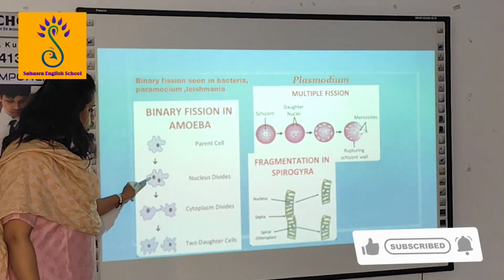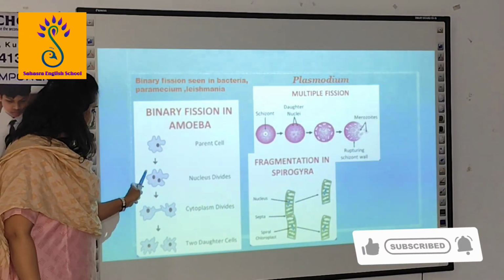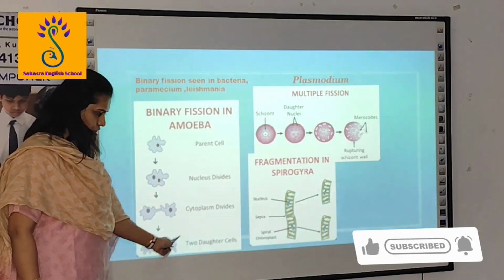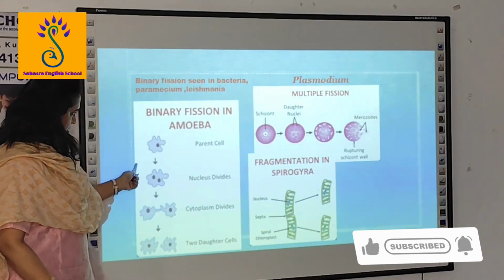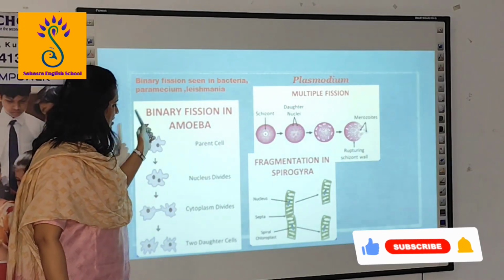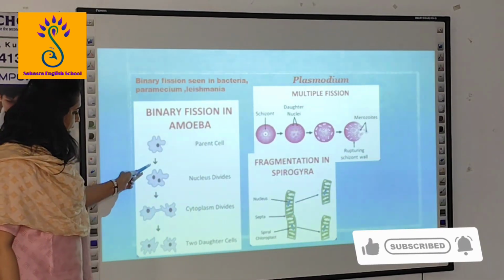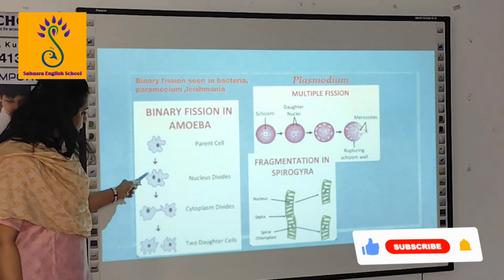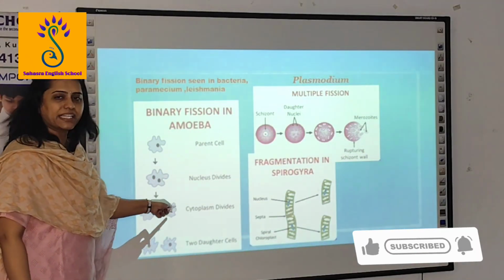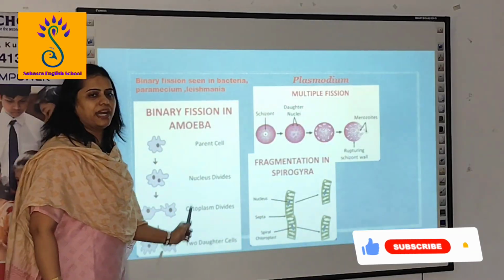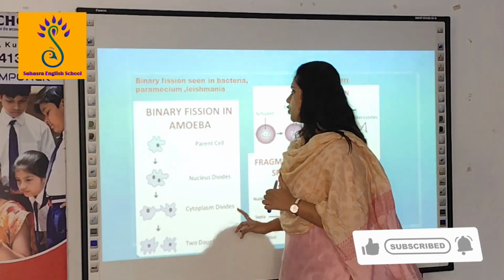Two nuclei are formed here and it divides, the cytoplasm is divided and 2 daughter cells are formed. This is binary fission. It develops 2 nuclei and the cytoplasm gets divided and 2 daughter cells are formed, each with a nucleus.